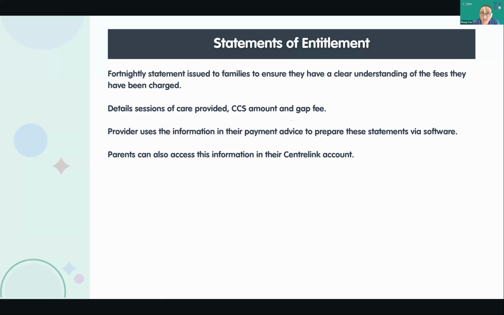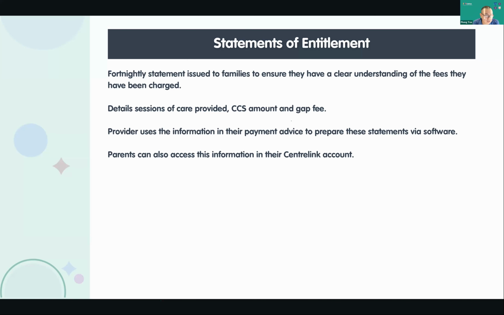The other way parents can see what they've been paid and the details of these payments is if they log into their MyGov and check payments. They go into MyGov, go to Centrelink, and then there's a little tab that says payments, and it outlines everything they've received from Centrelink as a benefit.